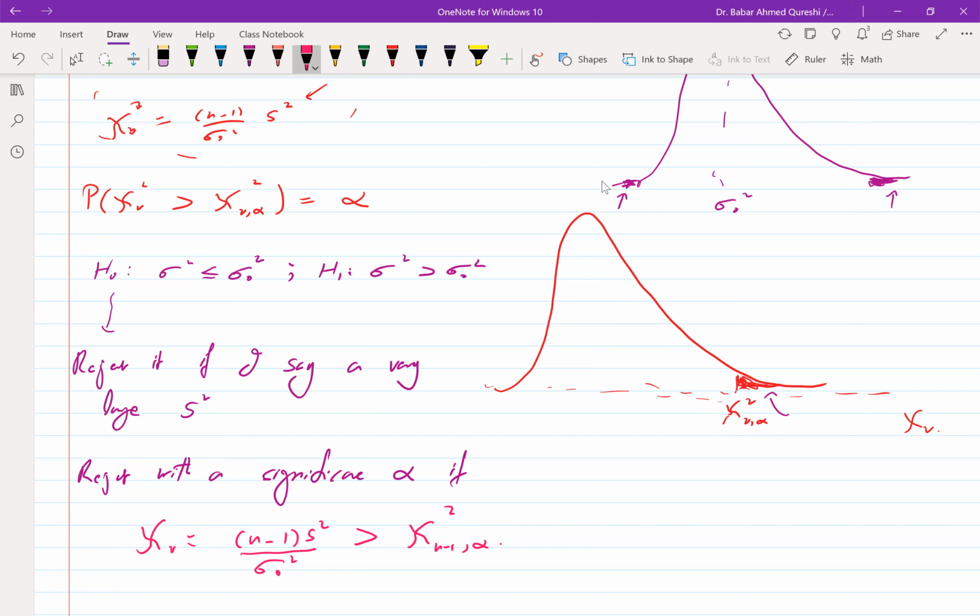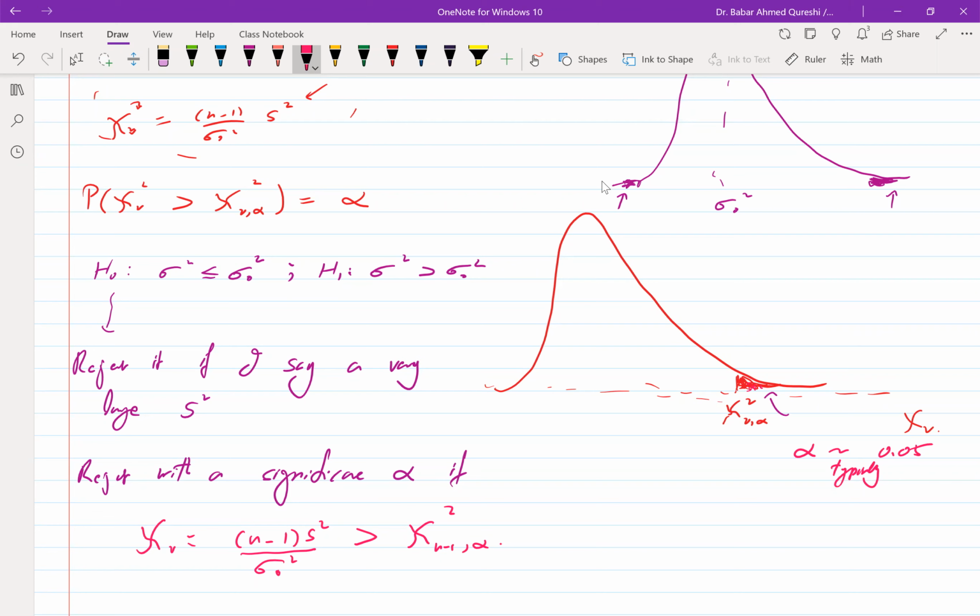Because a chi-square which you have computed, landing in this region, has a very little probability. So you set that limit by choosing an alpha. So alpha would typically be 0.05 or 0.01, whatever you choose, that's the significance level.